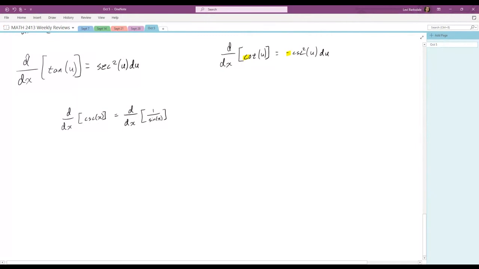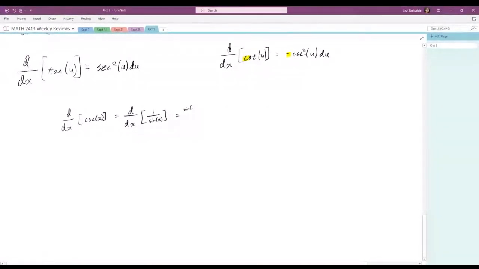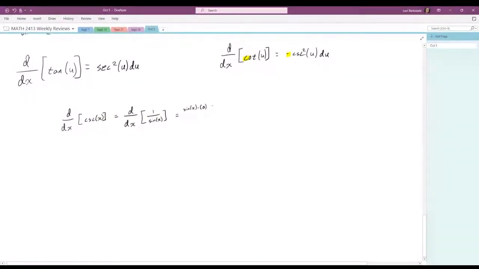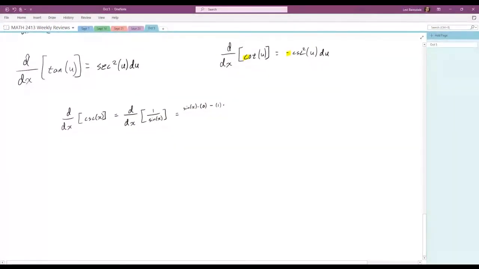Now we can actually use the quotient rule because we have a quotient here. We have 1 over sine. The derivative would be sine of x, our low function, times the derivative of our top. The derivative of 1 is 0, minus our top function, times the derivative of the bottom. The derivative of sine is cosine, all over sine squared.